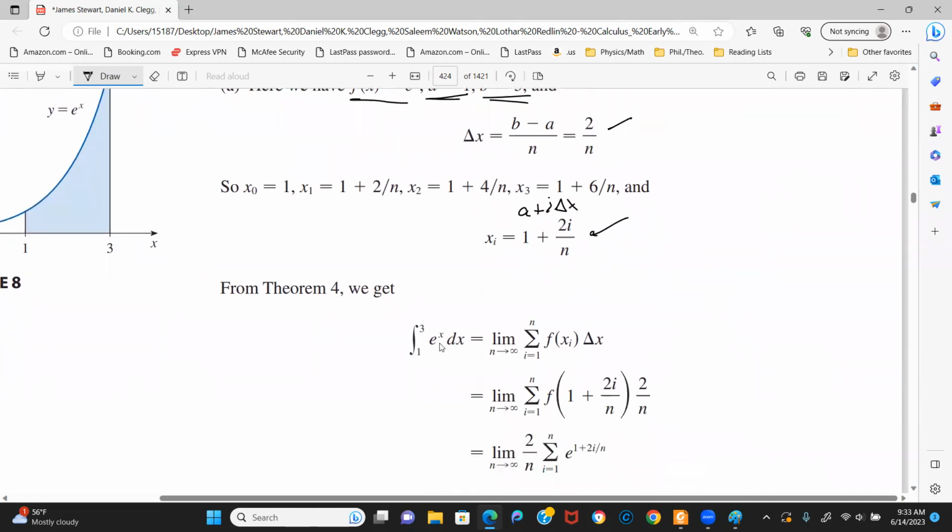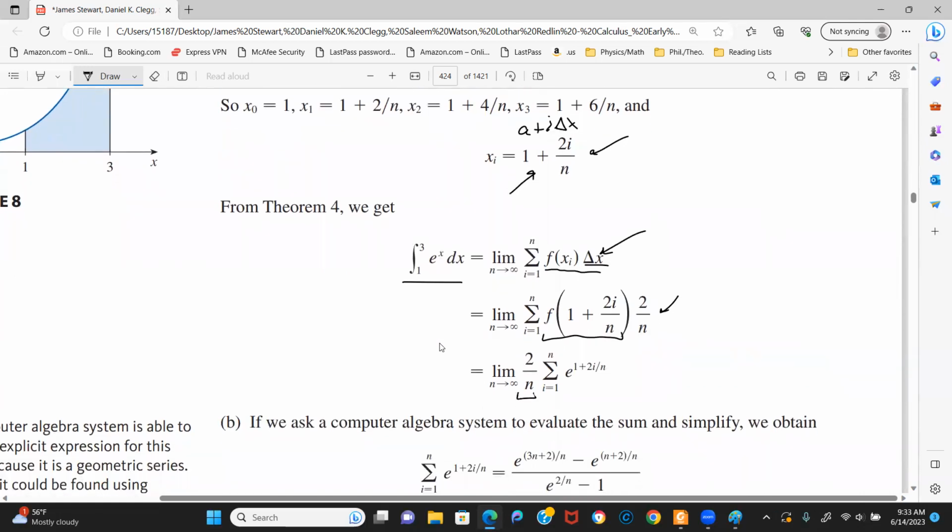By theorem 4, this integral of e to the x over the interval 1 to 3 is going to be this horrible limit here: the limit as n goes to infinity of the sum as i goes from 1 to n of f of x_i delta x. But f of x_i is just this, so you plug that into the function, and delta x is 2 over n. So you can factor out the 2 over n, and then plug in 1 plus 2i over n into the function, and you get this part right here.